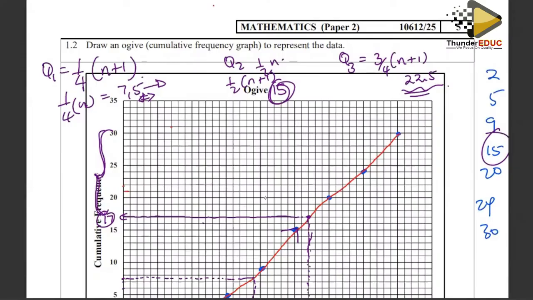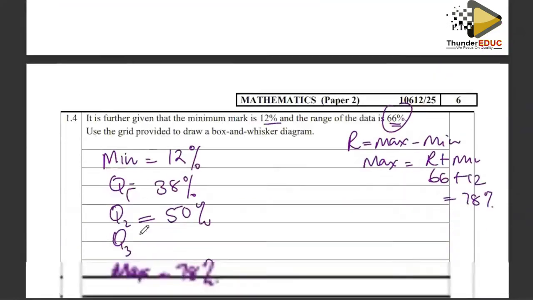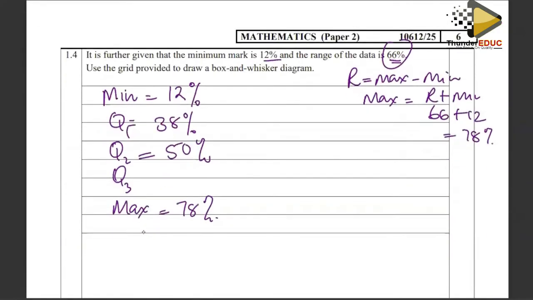This is 21, 22, meaning that it is somewhere here in the middle, and then we drop it down. I'm getting an answer between 60 and 70. So this is 60, 62, 64, this is 66. Remember all these are just estimates of how we would have done this. So that's the 66%.